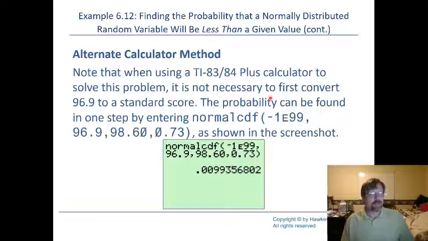I don't believe you can do it in one step in Excel. Oh, well, you can. You could embed the function and do this in one step in Excel if you really wanted to. Unless you're very comfortable with Excel and functions, I would not do it in one step, but it can be done. You can do it in one step in the calculator. It will do that conversion for you.